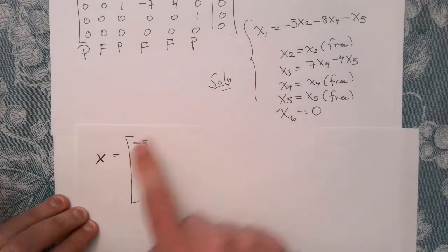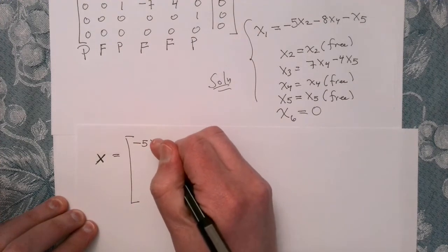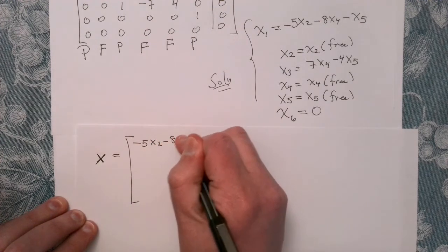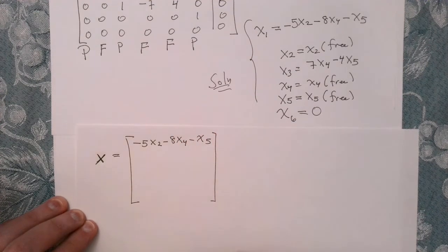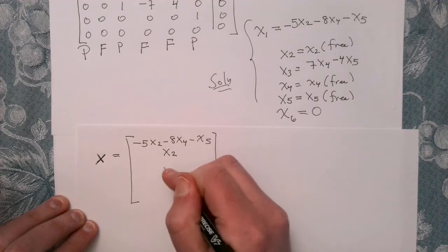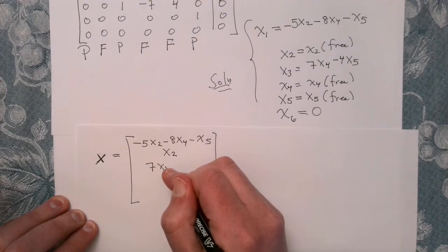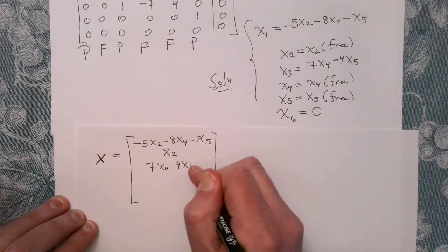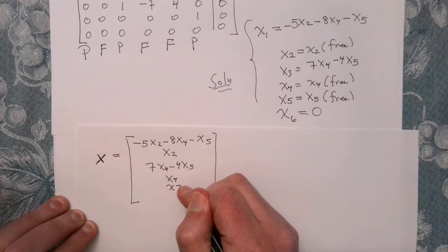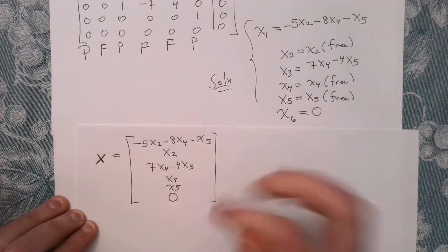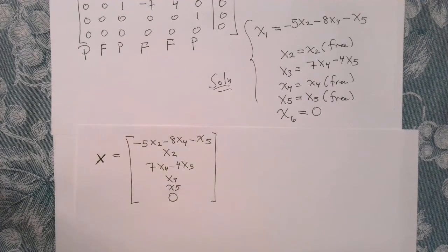So all I'm doing is putting x1 in the first component, x2 in the second, etc. Okay, so x2 is free. x3 is 7x4 minus 4x5. x4 is free. x5 is free, and x6 is 0. I need to write that 0 there. So please don't think because that's 0 you don't have to write anything there. There is a 0 in that component.